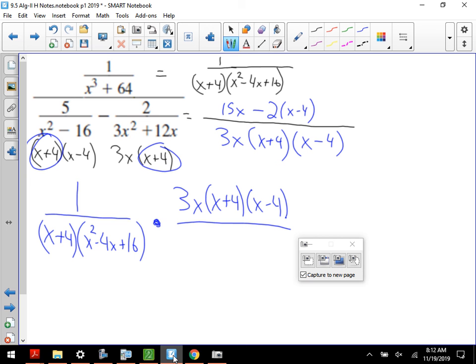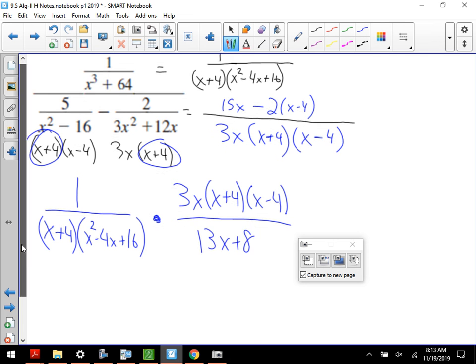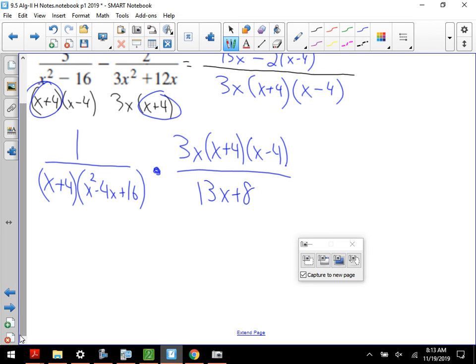And then that denominator becomes -13x plus 8. What's the only thing I can simplify? X plus 4. I can only simplify it like x plus 4.